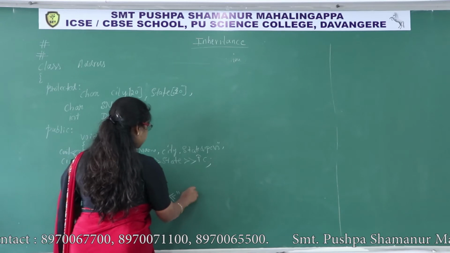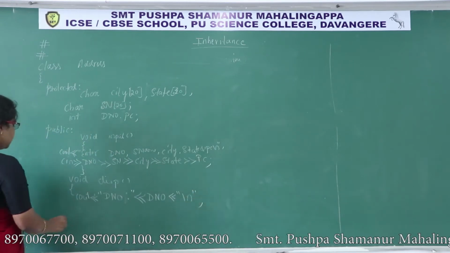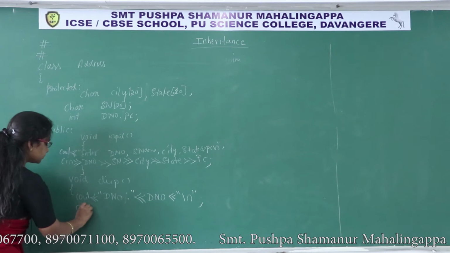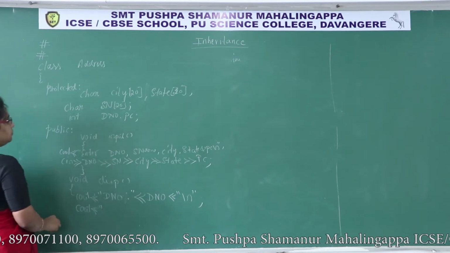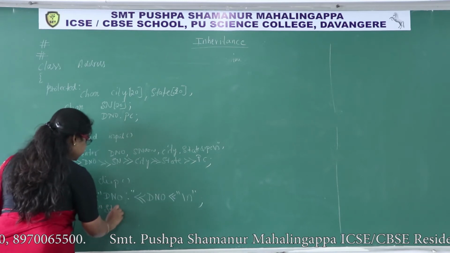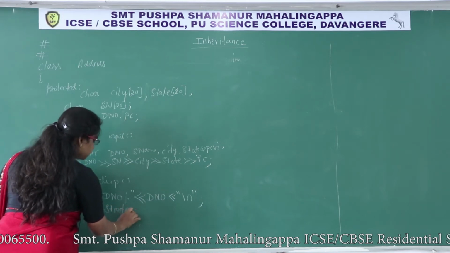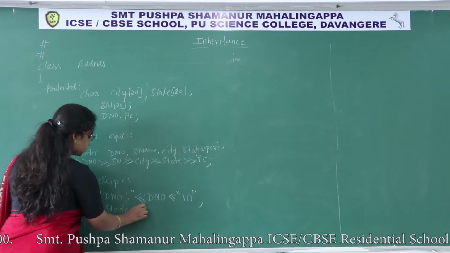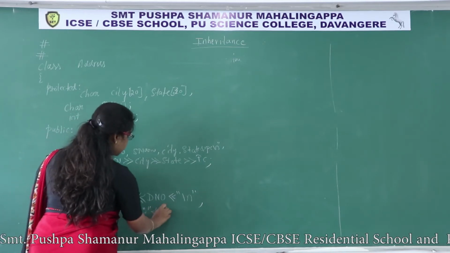Backslash n, one by one I'll display. Cout, then street name, SN.